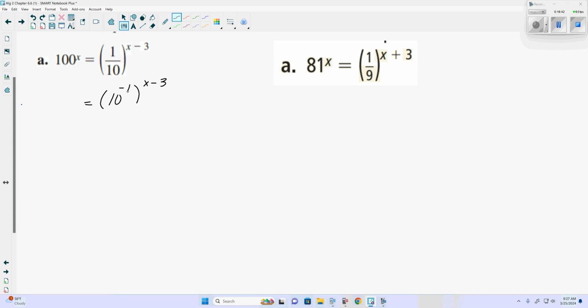Questions on this here? Well, the other side is 100, yes? Can I rewrite that as 10 to a power? 10 to the second. So what we're saying over here is we have 10 to the second power, 10 squared to the x. Yes? Questions on this here?